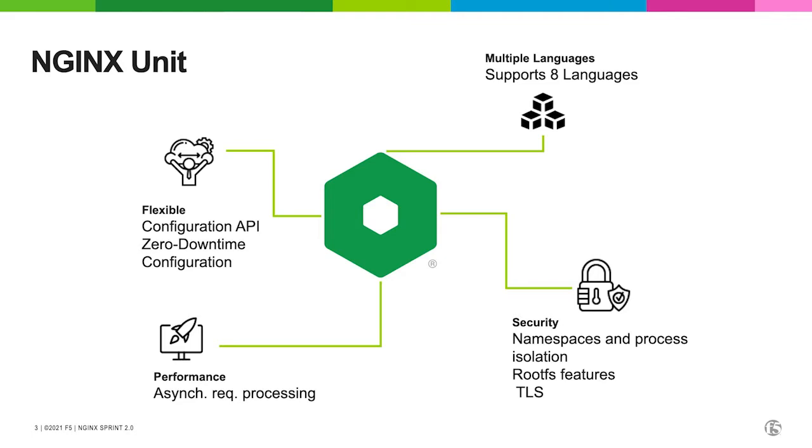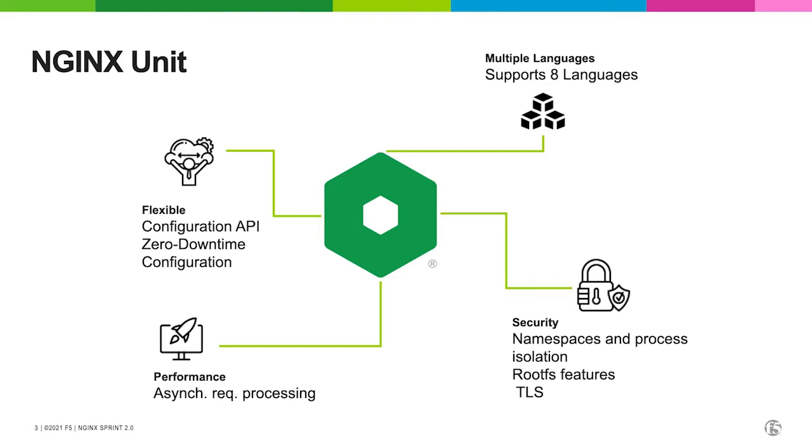It's an API interface where you can send your configuration changes to. And all those changes can be made with zero downtime. So you configure something and Nginx Unit will take care of reconfiguring your processes and your main process without even affecting the uptime of your application workloads.